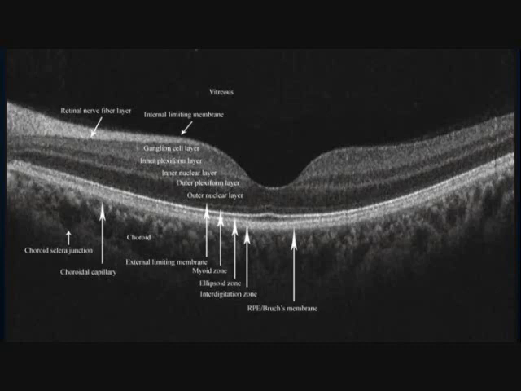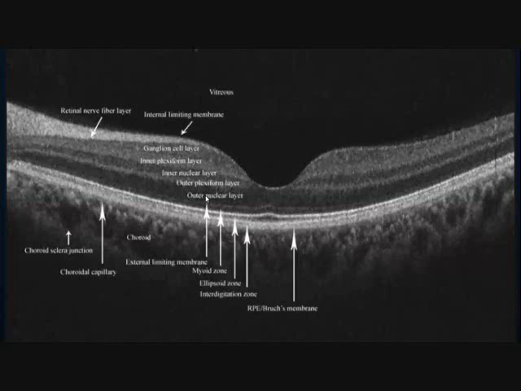So we were always looking at the ISOS junction, which is now called the ellipsoid zone. Then is the myoid zone, and this is the external limiting membrane. So these are four hyperreflective layers. I will count again: RPE, COST, ISOS or ellipsoid zone, and the external limiting membrane.